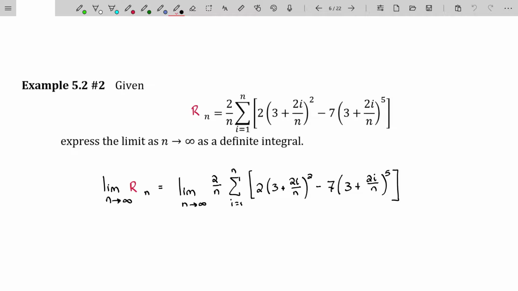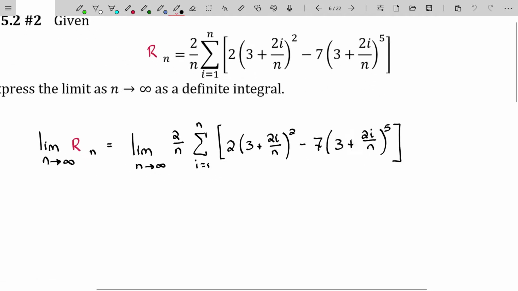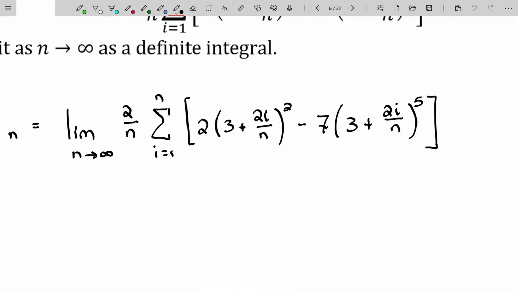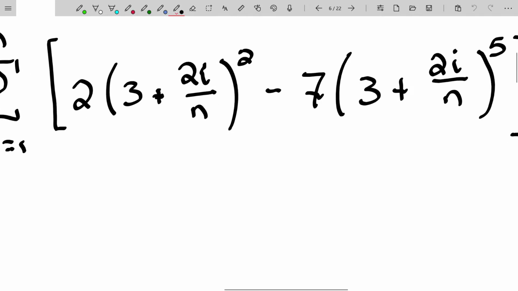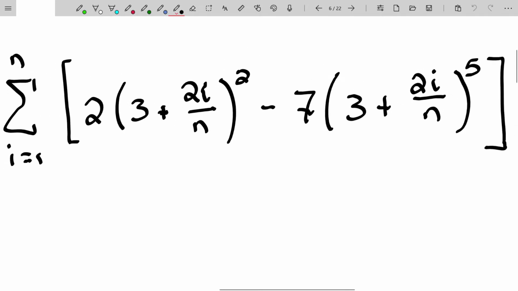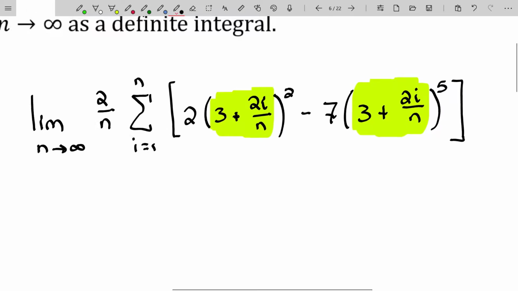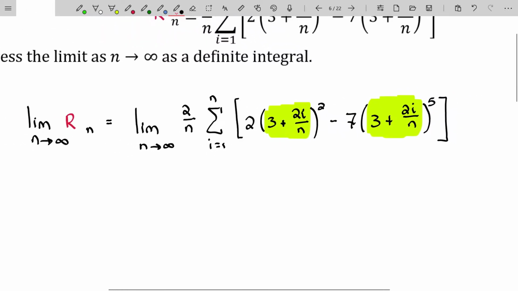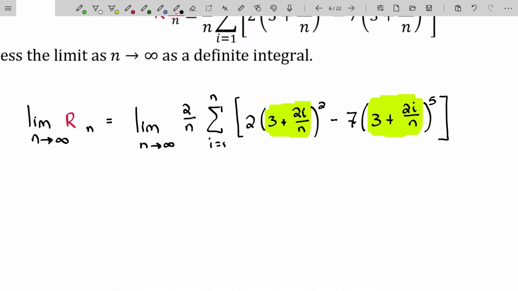But there's some structure going on here to imply what the actual function is. So let's take a look at the pieces which imply what the function is. Whenever I see some type of pattern within an expression in a Riemann sum, specifically that pattern right there, 3 plus 2i over n, I immediately think that must be x sub i. So I'm going to write that down below.